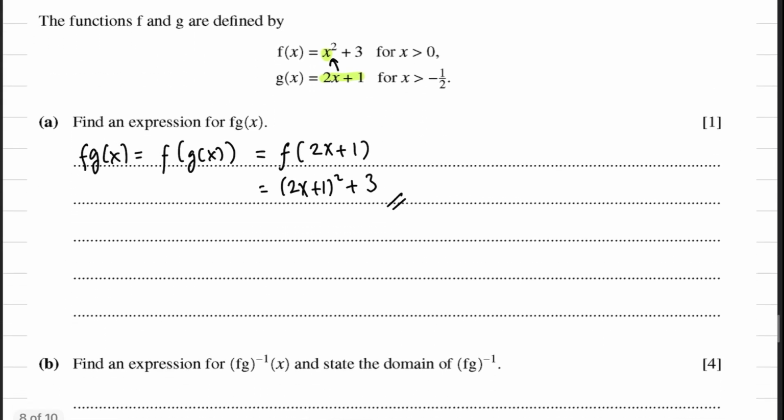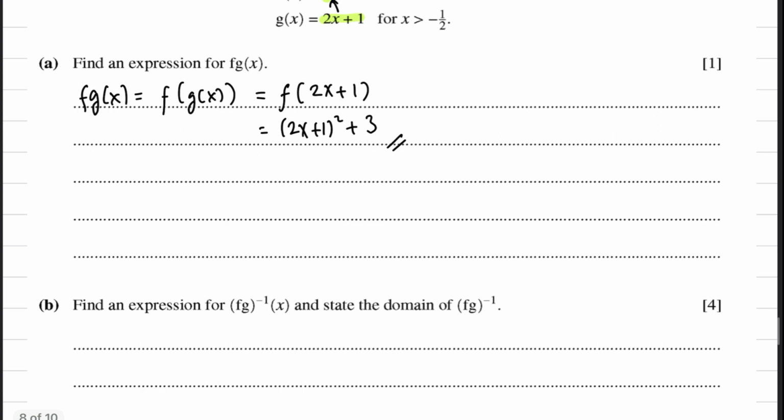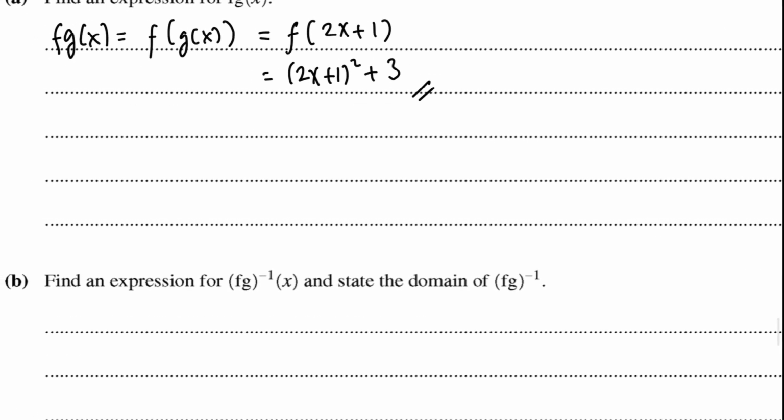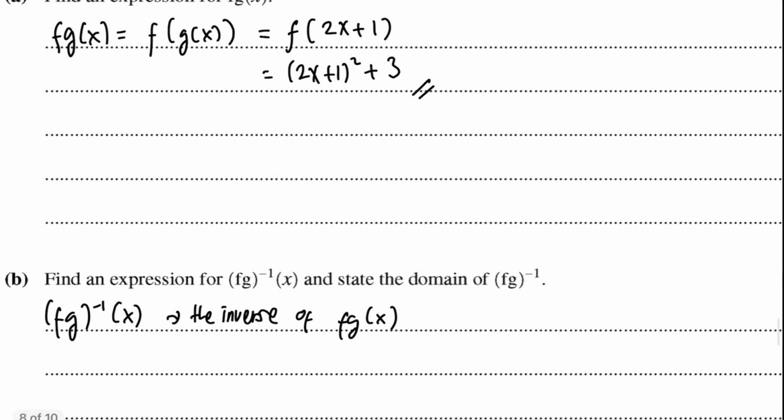The second one, we need to find an expression for fg inverse x and state the domain of fg inverse. So what does it mean by fg inverse? fg inverse x is the inverse of your fg(x). Yeah, so this is a symbol.